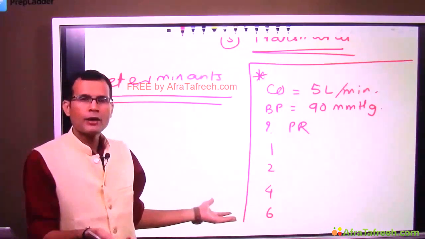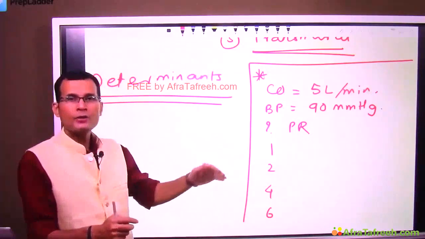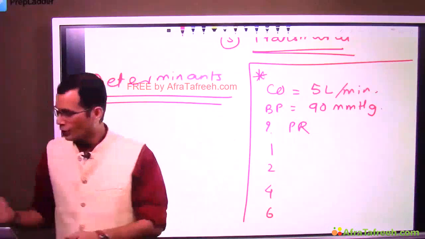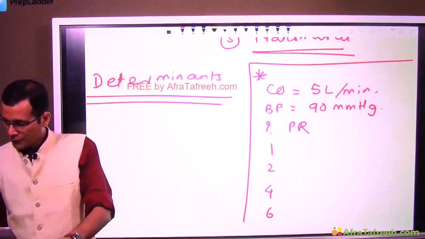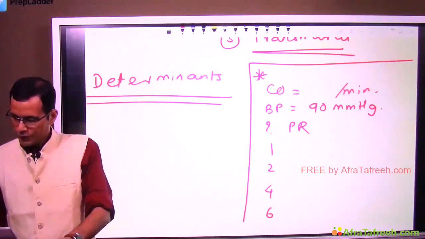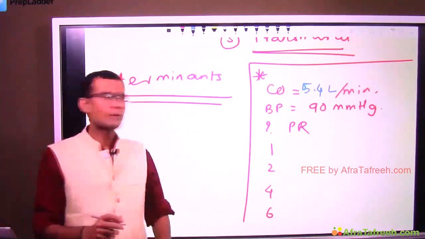What are these values? I'm sure you must have started the calculation. 90 divided by, okay, let's just for the sake of ease of calculation, I'm changing the figure a little bit. Cardiac output was found to be 5.4 liters per minute.